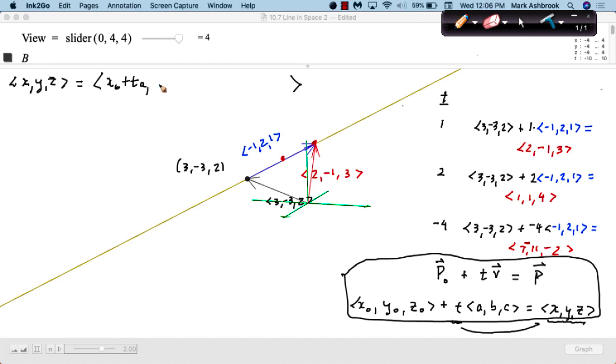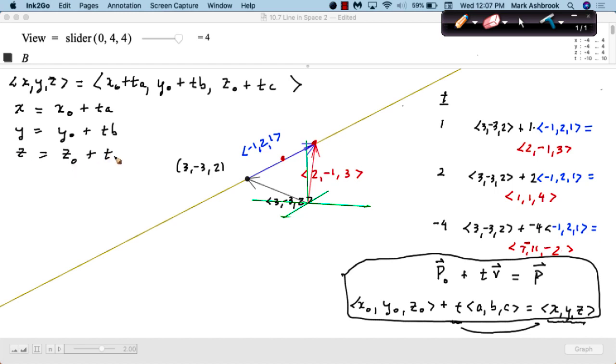That should make sense, right? Which means that the x coordinate of every point on the line is x naught plus ta, right? And y is? z is?